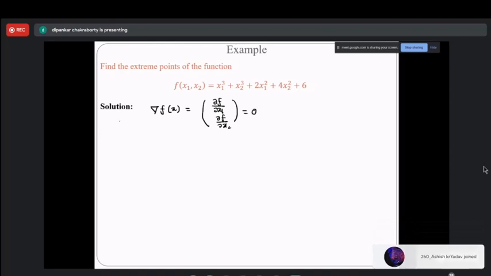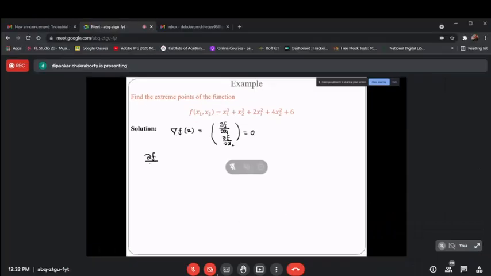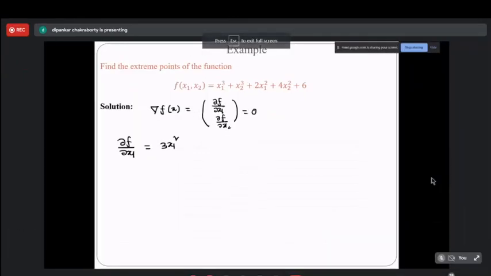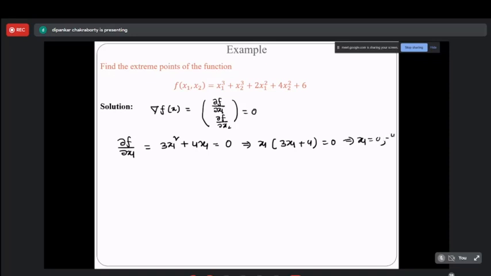Okay. So del f del x1 will be what? Del f del x1 will be 3x1 square plus 4x1 equal to 0, right? That means x1 into (3x1 plus 4) equal to 0. That means x1 will be 0 and minus 4 by 3. Is it okay?